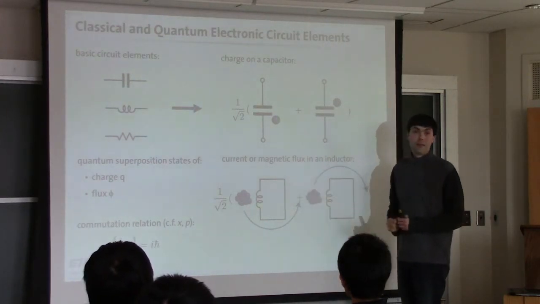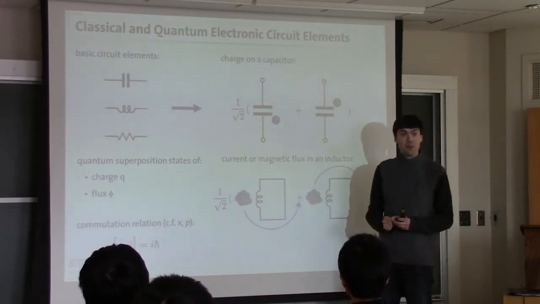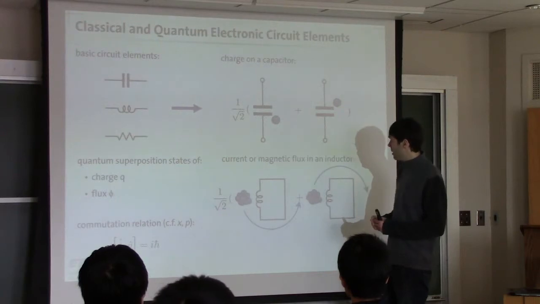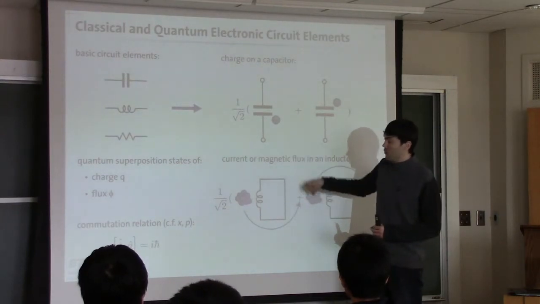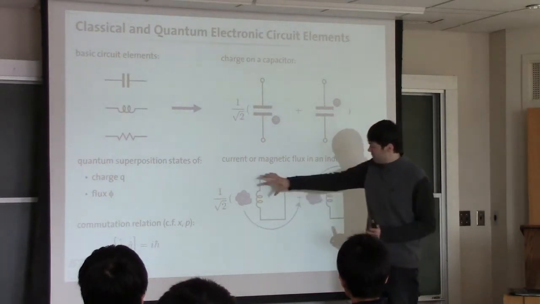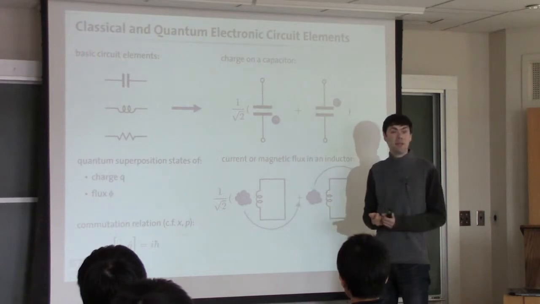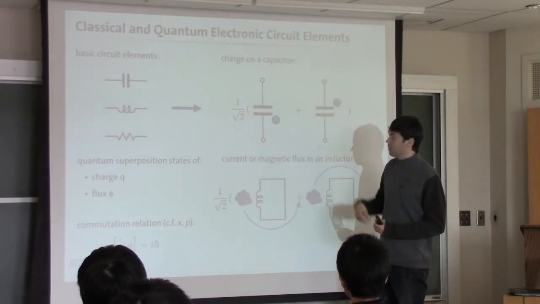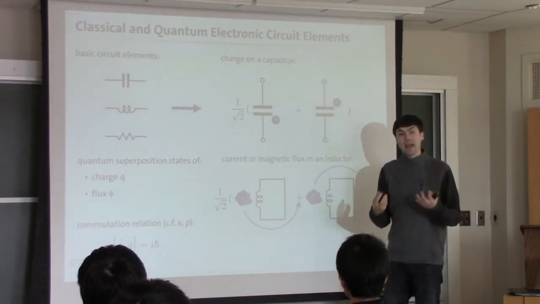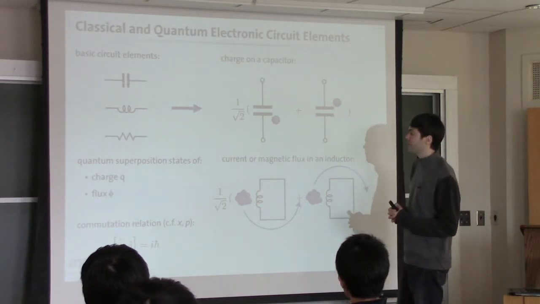The other thing that you could see is a little bit more bizarre, but if you cool your circuit low enough, you might be able to see a current flowing through the inductor in both directions at the same time. So this picture shows a bunch of electrons, maybe 1 billion, traveling clockwise and counterclockwise at the same time in a quantum superposition of the two directions.